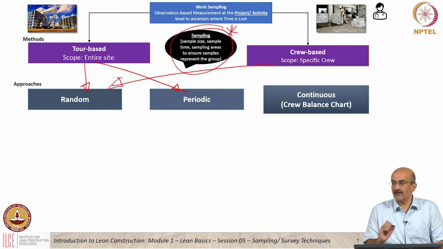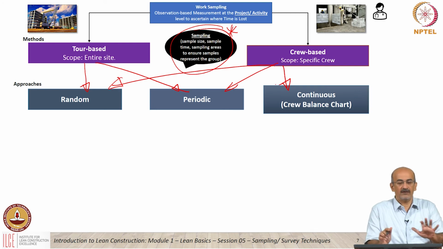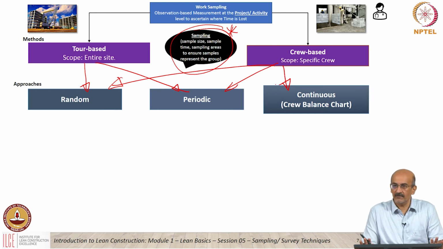But when we suggest random sampling to many projects, they have difficulty doing it. So, we say, look, you do periodic sampling, or you even start with a continuous sample so that you get confidence in how to do a random sample. We will cover all of this as we go in.